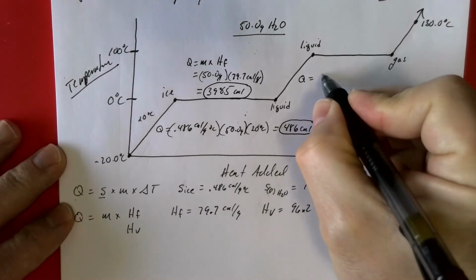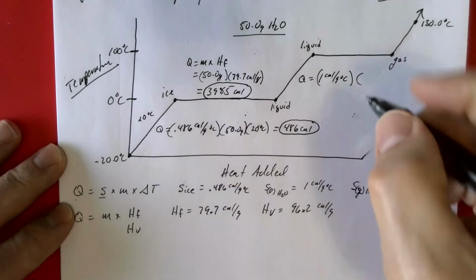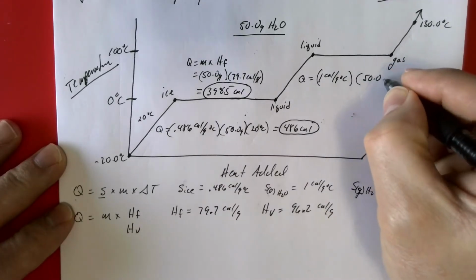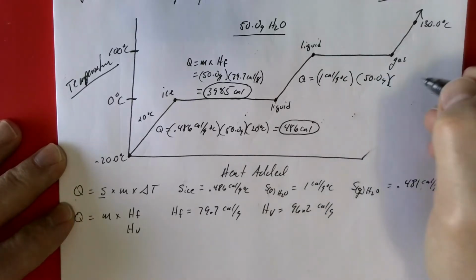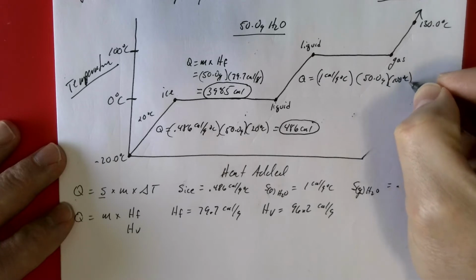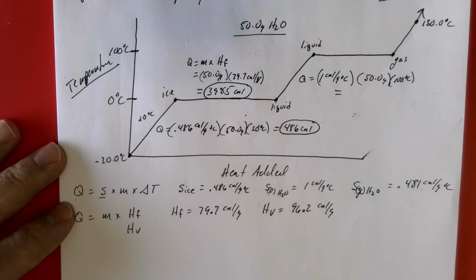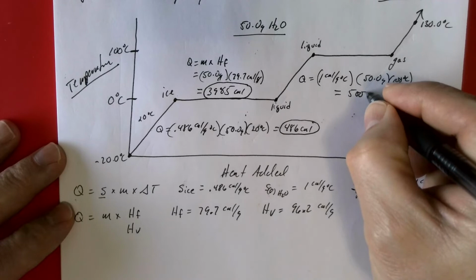So I'm going to go 1 calorie per gram degrees Celsius, times that by my M, which again is my 50.0 grams, times that by my delta T, and my delta T is what? 100 degrees Celsius, and I do that math, and I get my Q is what? 5,000. So I got 5,000 calories.